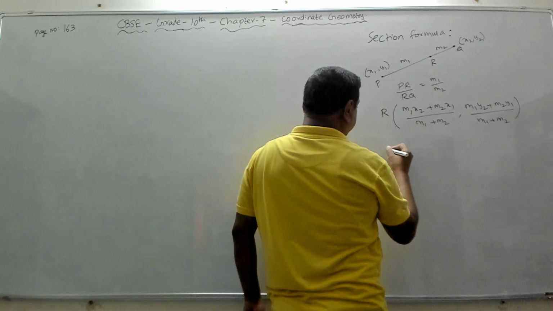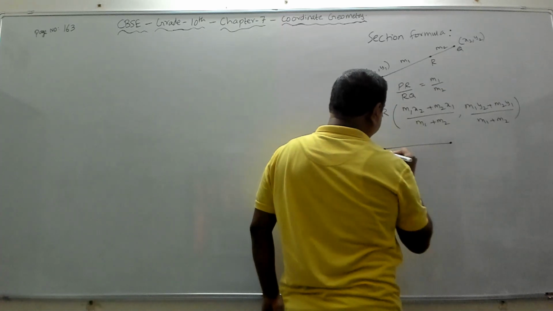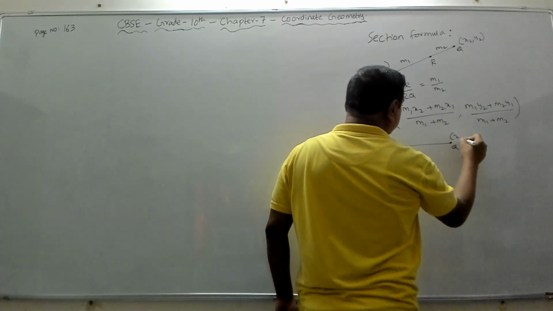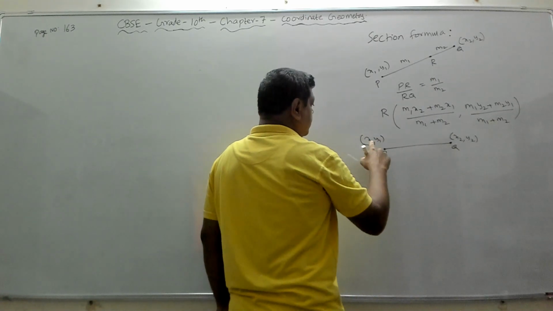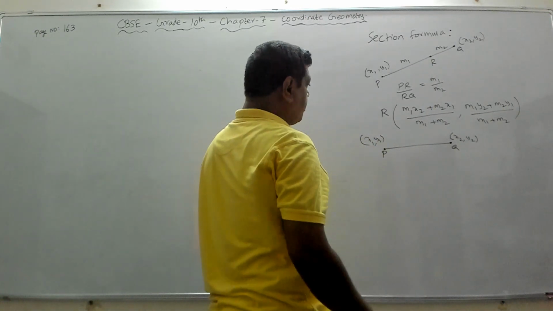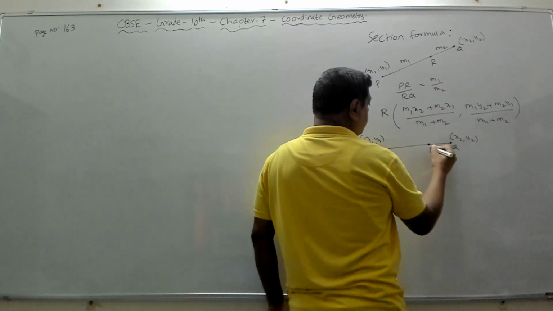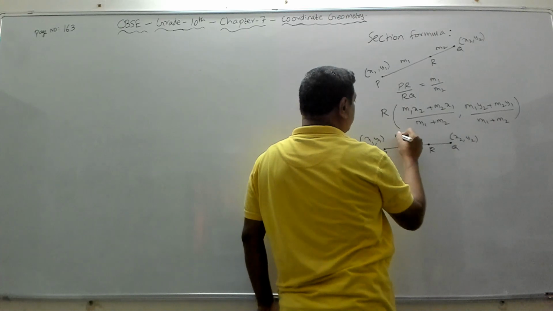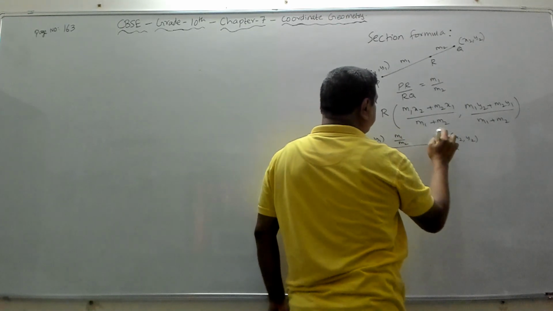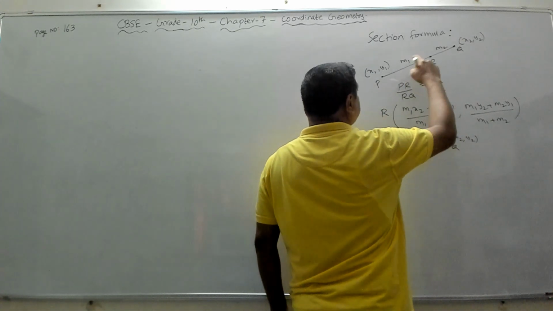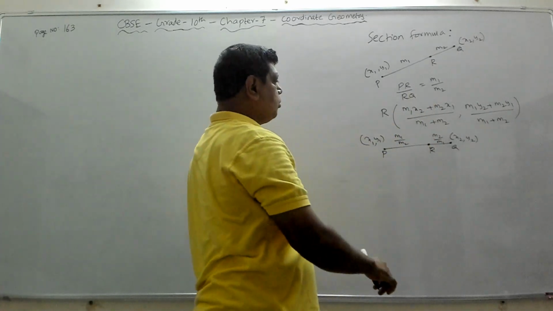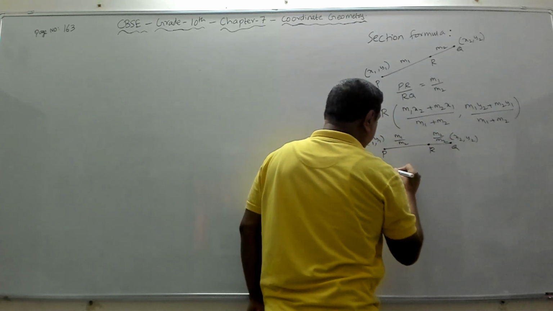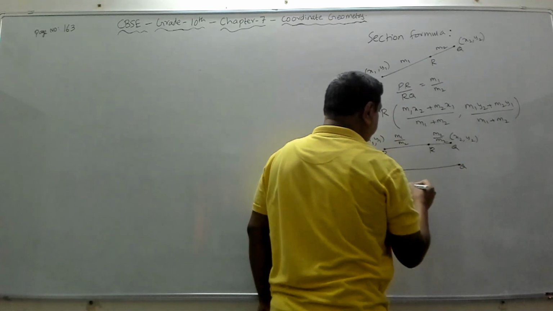Suppose you take the same line segment PQ, where P is x1, y1 and Q is x2, y2, and R divides it. Suppose we divide both m1 and m2 by m2, then this becomes m1 by m2 and m2 by m2. So we are dividing both parts of the ratio by m2. Then P is here, Q is here, and R is this point.